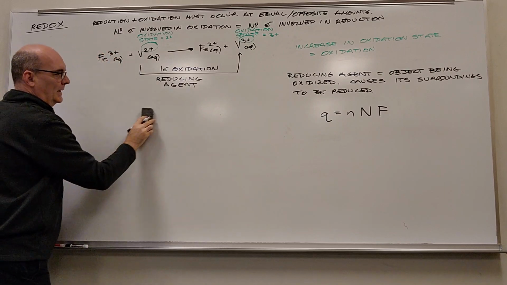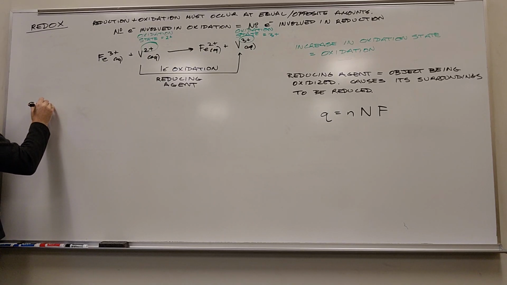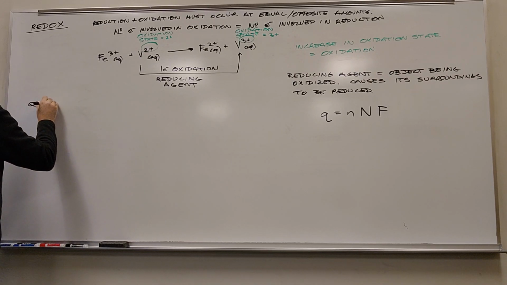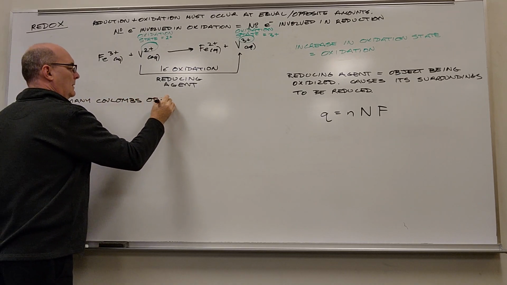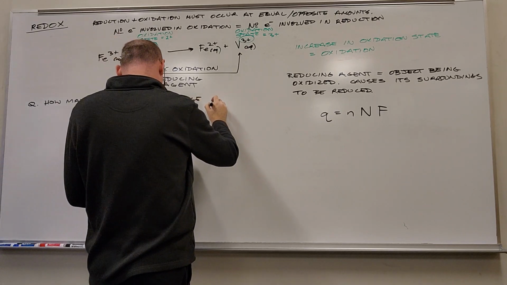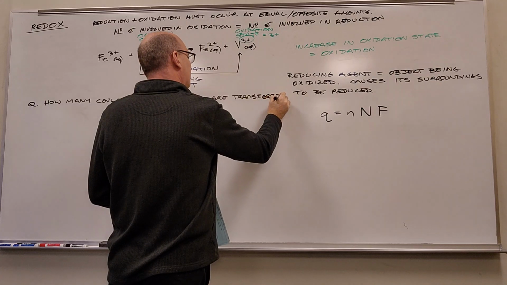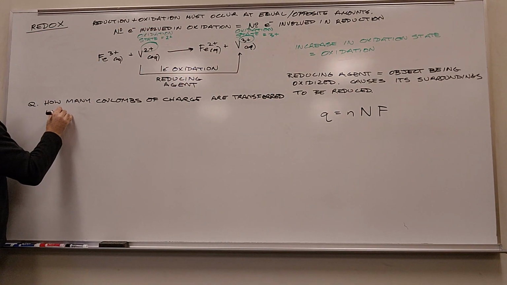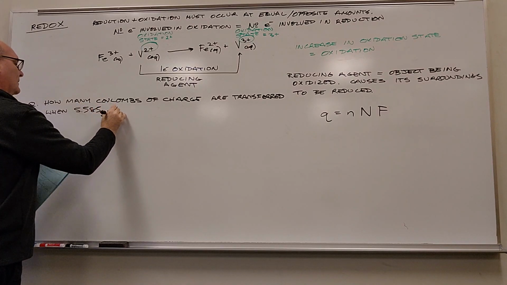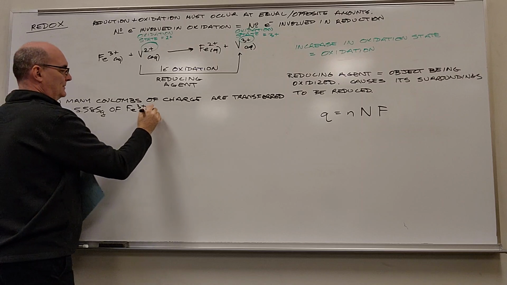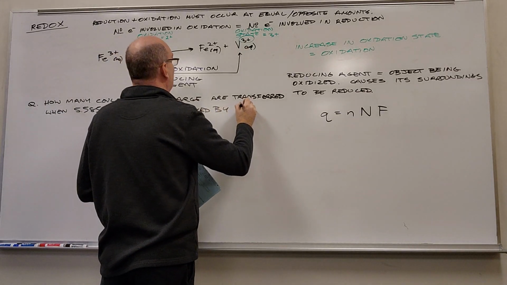Not particularly happy with calling number of moles the capital N. How many coulombs of charge are transferred when 5.585 grams of iron 3+ are reduced by vanadium 2+.